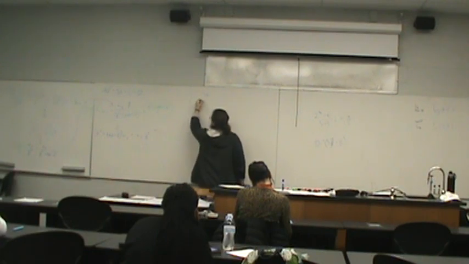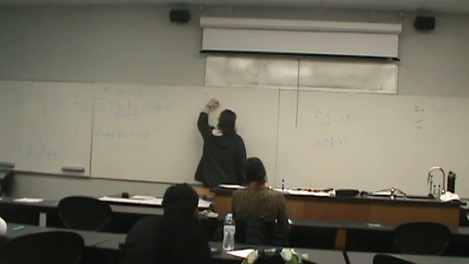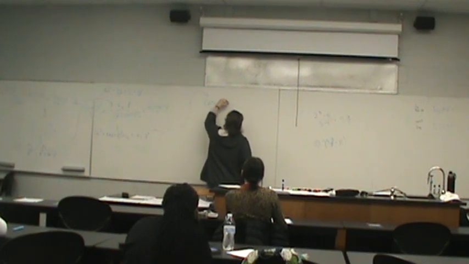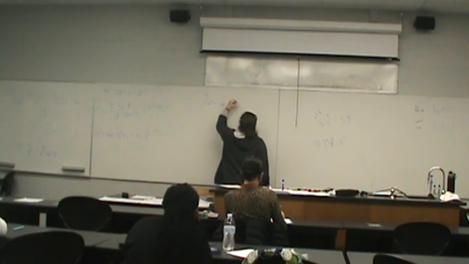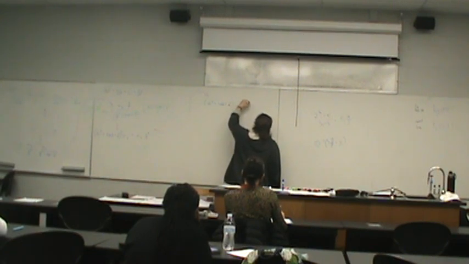That's going to give us, open parentheses, r squared plus 2rd plus d squared, close parentheses, all of that times m1 minus m3 d squared equals 0.